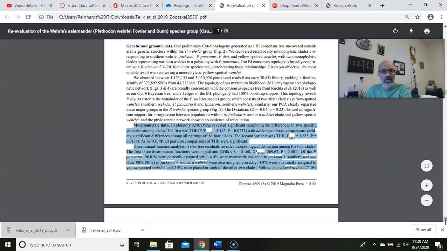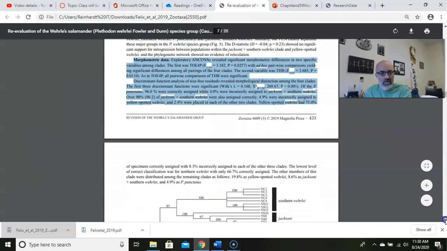Okay, so what that tells us is, of course, that these groups have different shapes. So those are the main results: the phylogenetic information and the morphometric information.